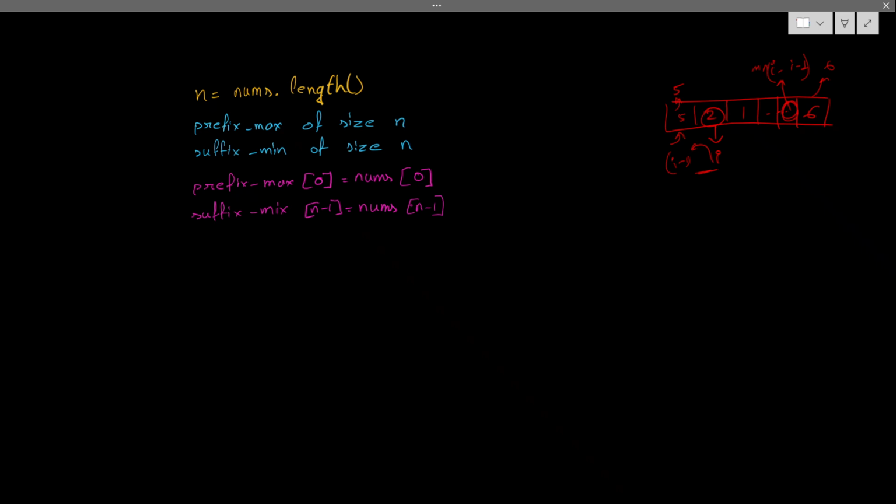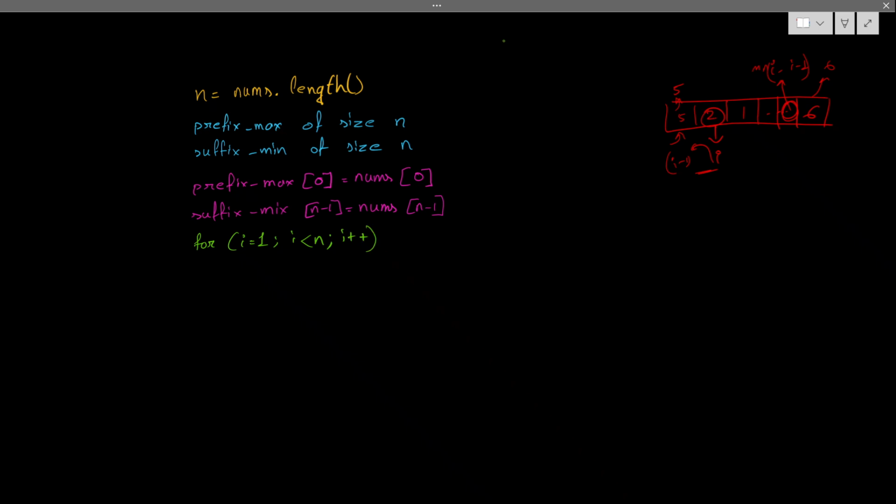After that, I have to calculate the prefix max and suffix min. So for that, I have to iterate. I no need to iterate from 0 because I have already taken the first prefix max. So starting from index 1 to n, I plus plus.